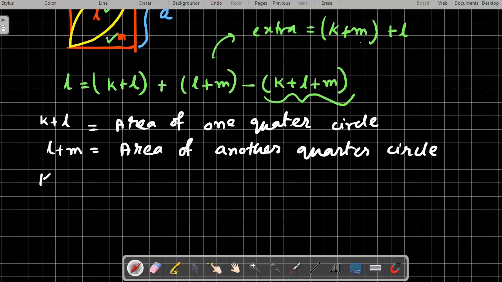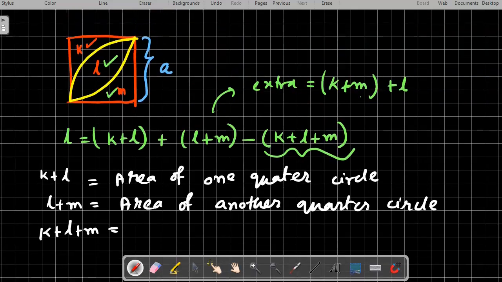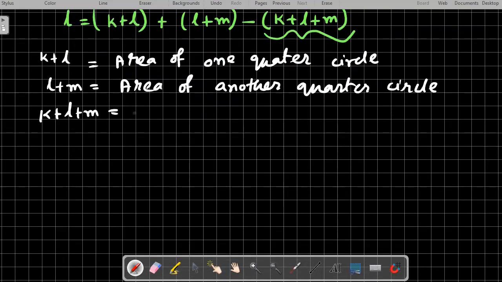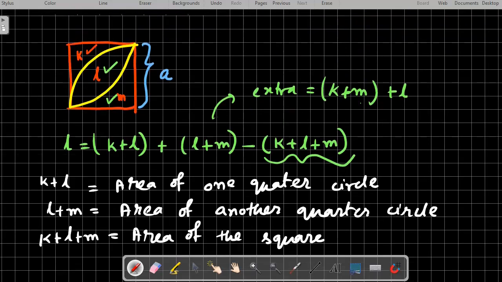And what is K plus L plus M? You see that K plus L plus M is area of the square. Area of the square.